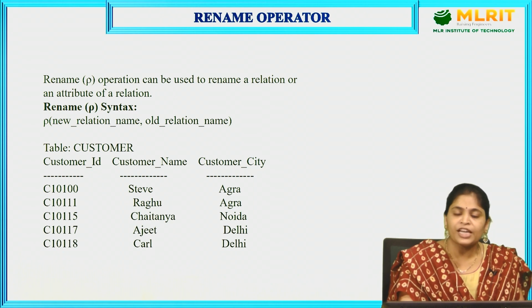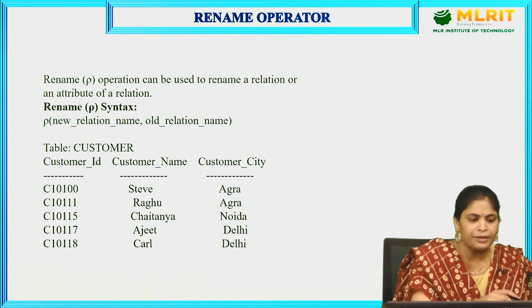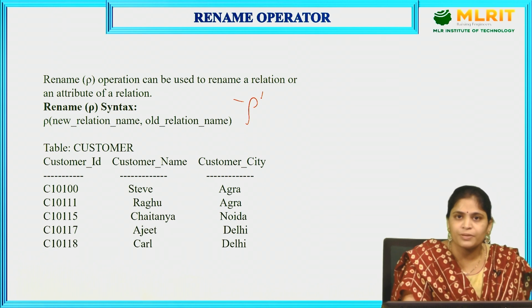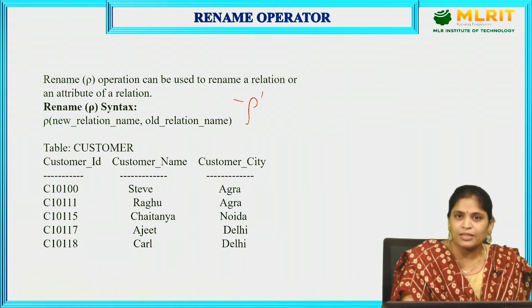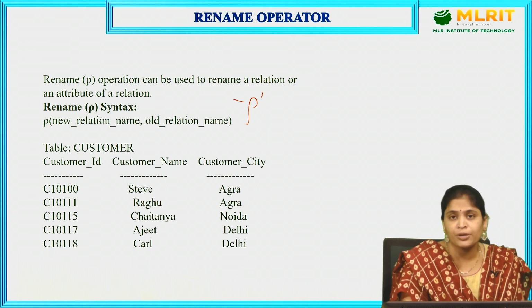Next, the rename operator. The name itself represents that we rename a table name or a column name. The rename operation is represented by the rho symbol, as we are dealing with relational algebra and calculus, where we use mathematical representations. The rename operation is used to rename a relation or an attribute of a relation.